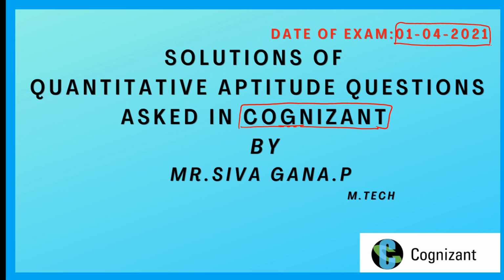The main objective of explaining this paper is that there will be a definite advantage for upcoming preparing students. What kind of questions are going to be asked by Cognizant will be known from this activity.